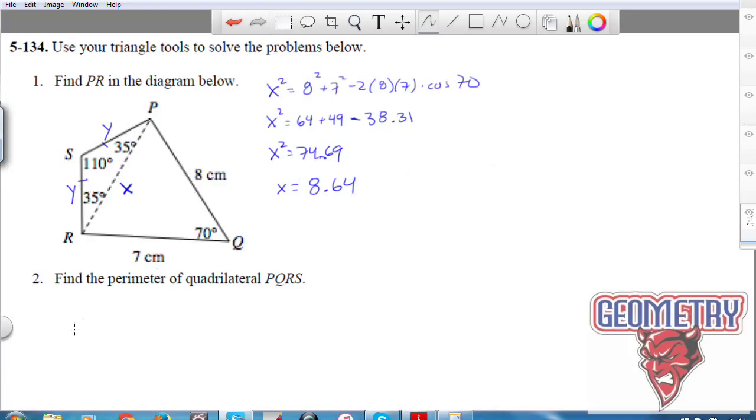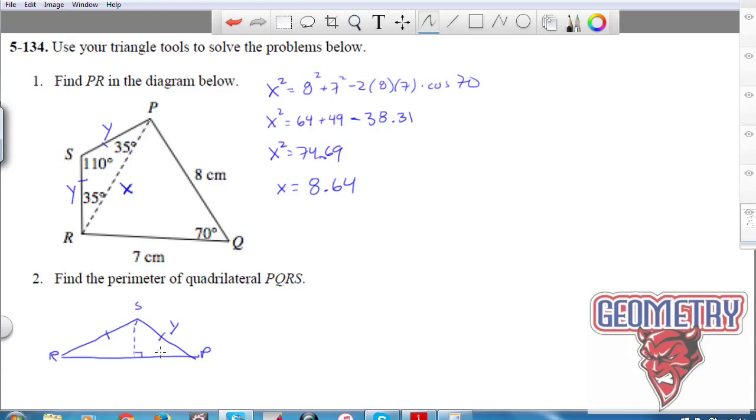So what I'm going to do is redraw triangle SPR down here as this isosceles triangle. And we know that the altitude of an isosceles triangle cuts it in half.